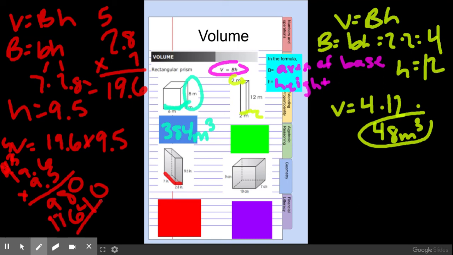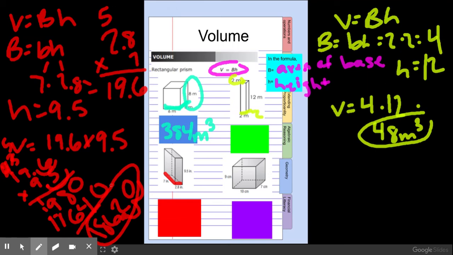Now we're going to add all this together. And then we have to move our decimal 2 places. So 1, 2. And we're going to get 186.20 inches cubed.